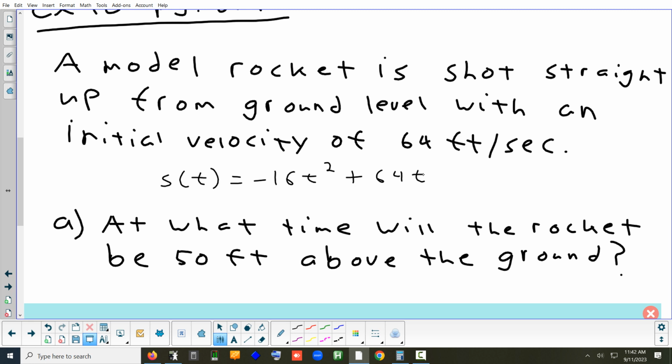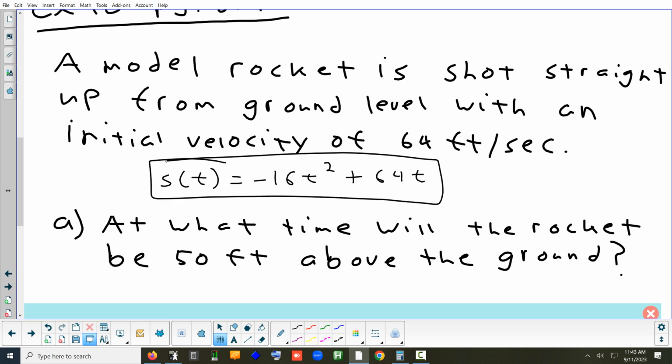What's the initial height in this one? Ground level. So ground level means that the initial height is 0. There is no initial height in this problem. It's just plus 0. You don't need to put it. So there's your formula that you're going to use.